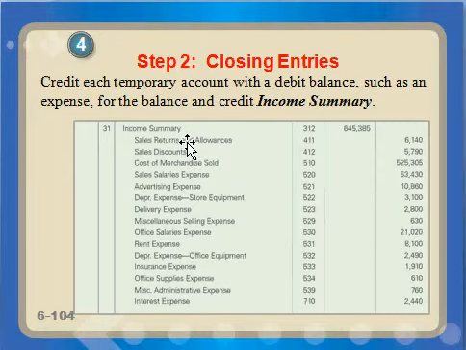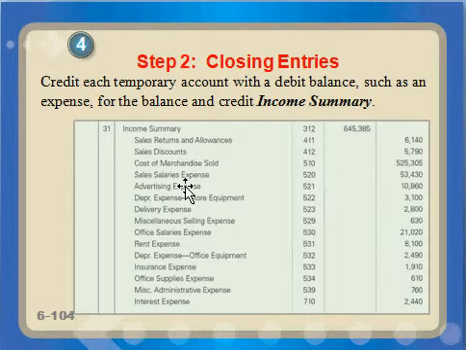But we credit some things that we wouldn't normally think about: sales returns and allowances, because it has a debit balance. So we credit it now for $61.40. Credit the sales discounts, $57.90. Credit the cost of goods sold, $525,305. And then the rest of it looks like our normal closing entry for a service business.